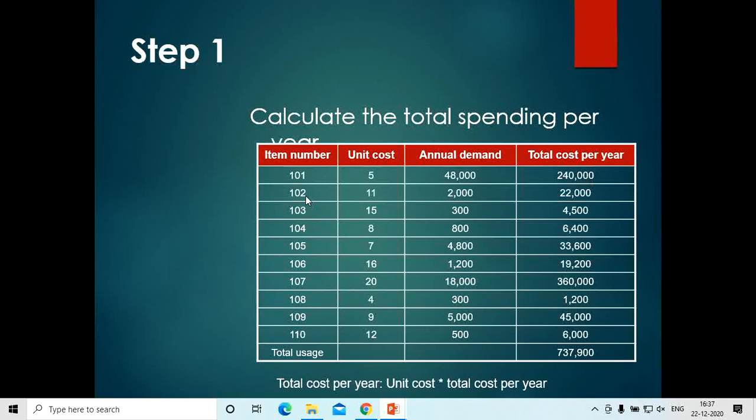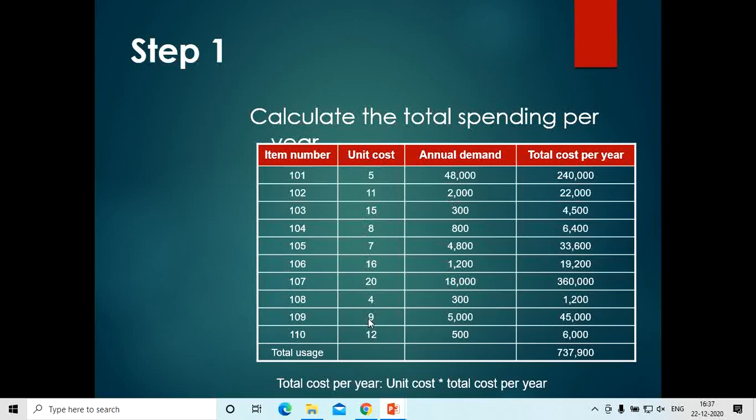Similarly, for item 102, unit cost is 11 rupees and annual demand is 2,000, so the total cost per year will be 22,000, that is 11 multiplied by 2,000.